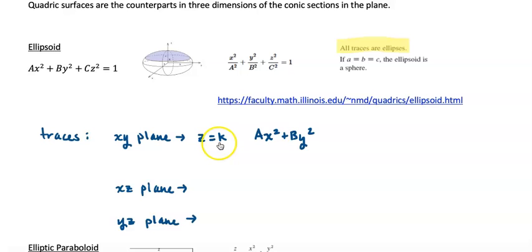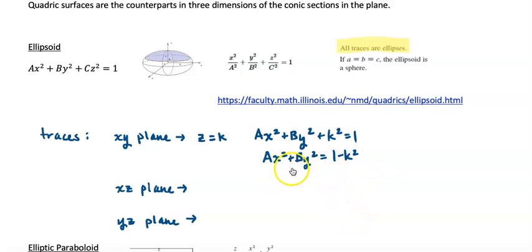And now, if k is just some constant, we're multiplying this c by another constant, so I can just say that that's equal to k squared is equal to 1. Now to better see what this shape is, let's bring that constant to the other side, and we're left with ax squared plus by squared is equal to 1 minus k squared.